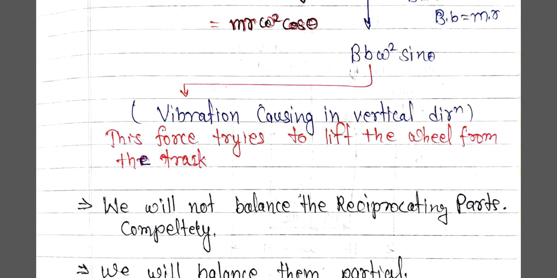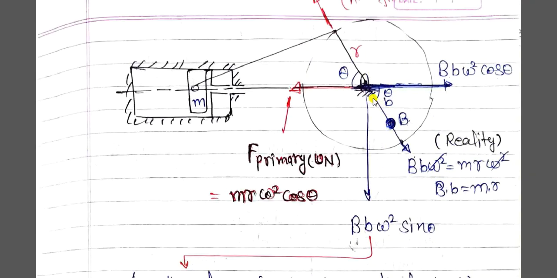Now this B b omega square has two components. This is the cos component, because this is theta, and here we have the sine component.